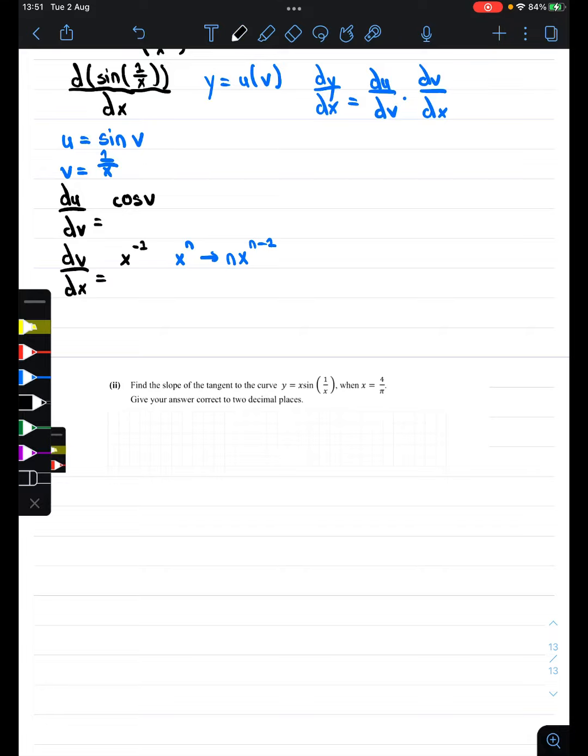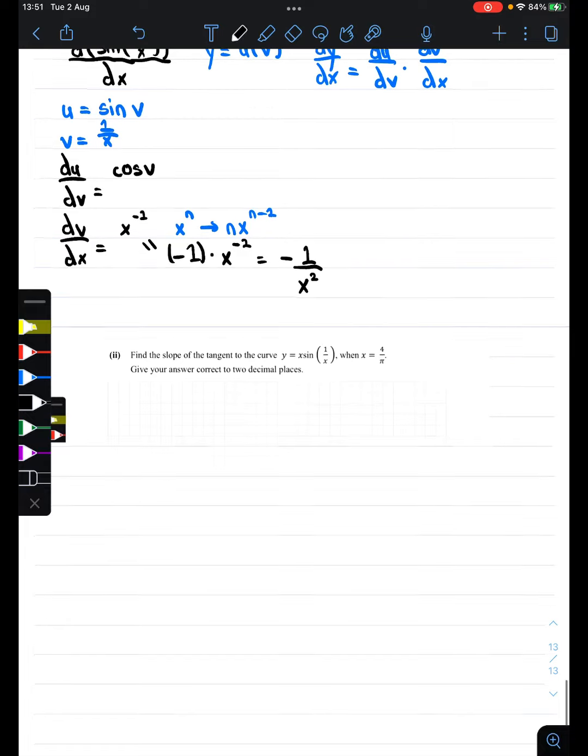So for x to the minus 1, that becomes minus 1 times x to the minus 1 minus 1, which is x to the minus 2. So that's the same as minus 1 over x squared.